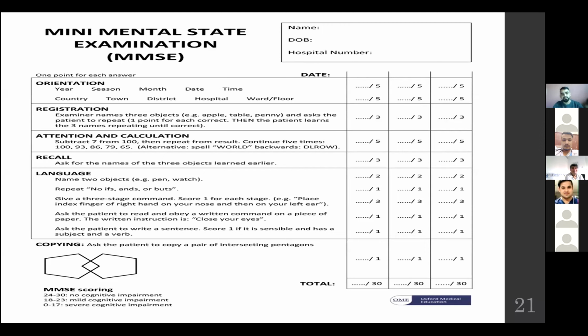If it's between 24 and 30, we say no cognitive impairment. If it's between 18 and 23, we say mild cognitive impairment. And if it's between 0 and 17, it is called severe cognitive impairment.